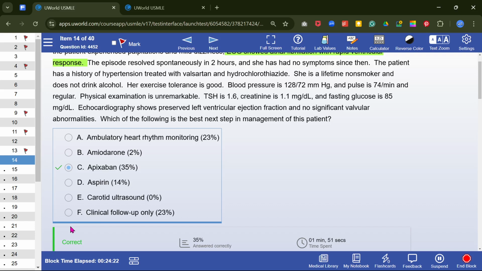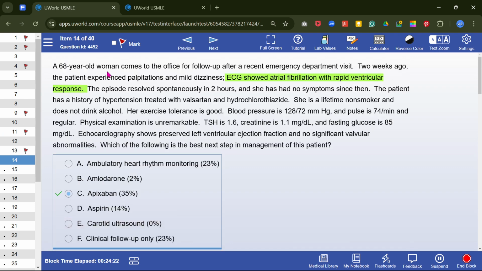Whenever you find atrial fibrillation in the stem, don't think otherwise. Check whether it is valvular or non-valvular. If it is non-valvular atrial fibrillation, you need not read the rest of the stem. If non-valvular, just do the CHA2DS2-VASc.